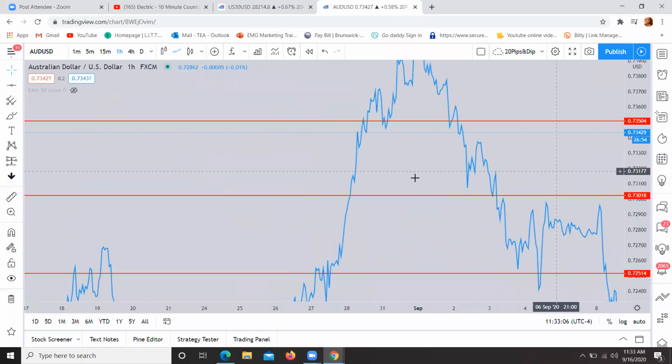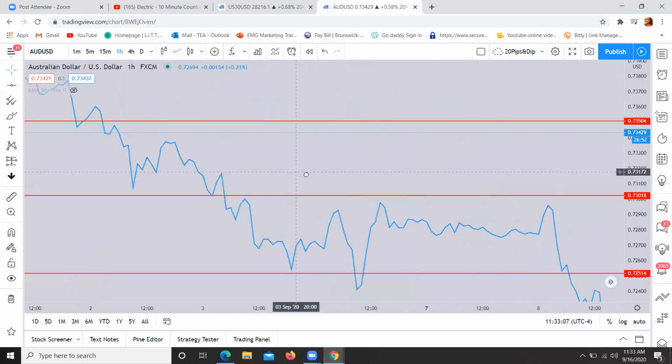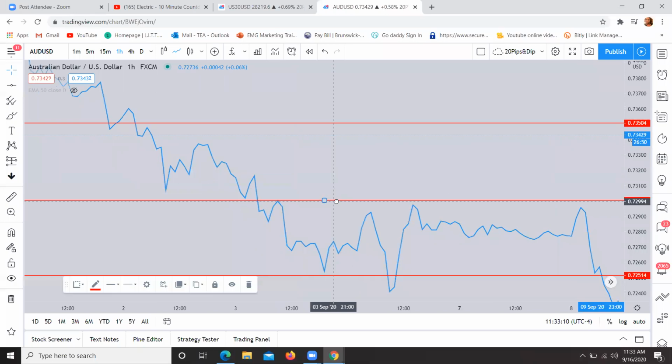This is a good example right here. Could we agree that right here, this is playing as a floor, and right here it is playing as a ceiling? This is a key level. Okay, that's a key level.